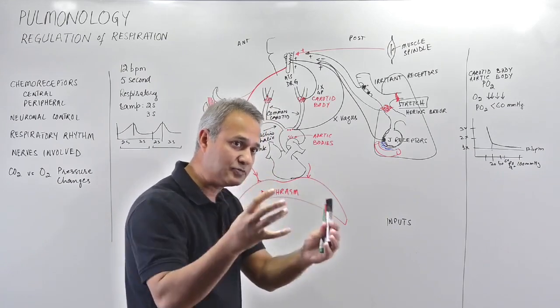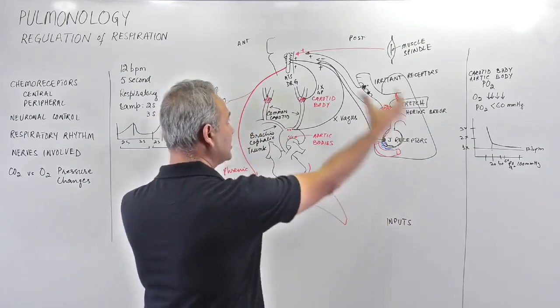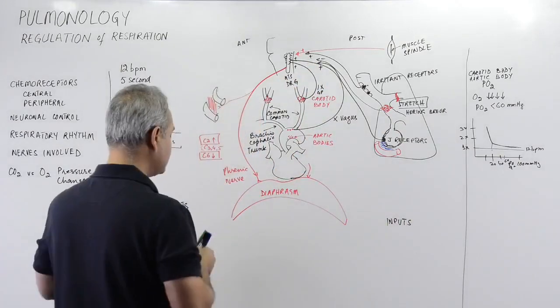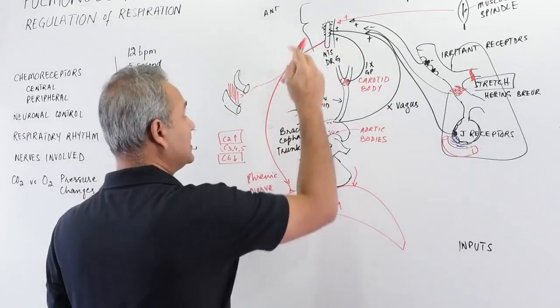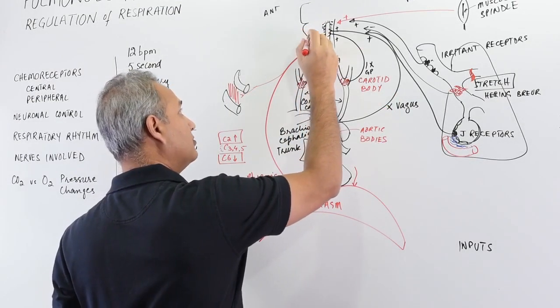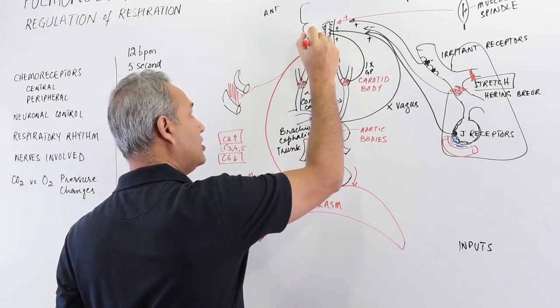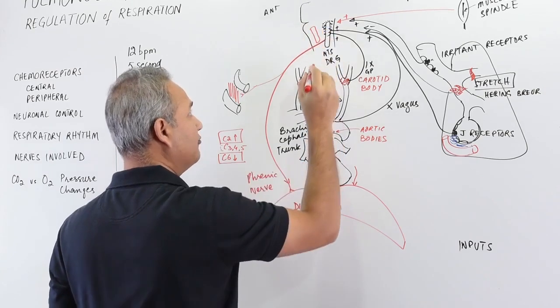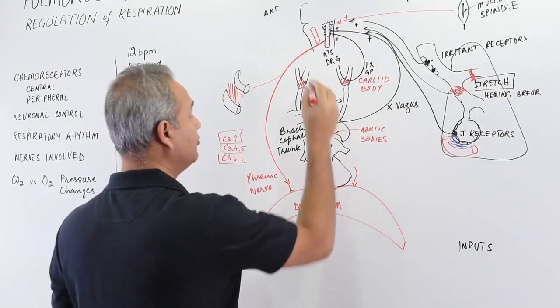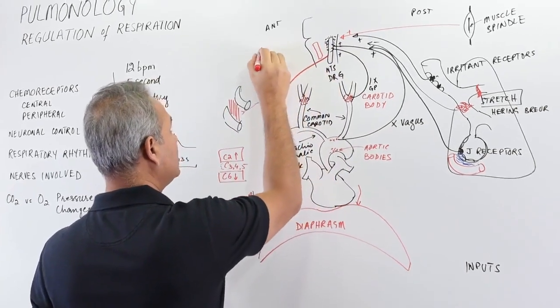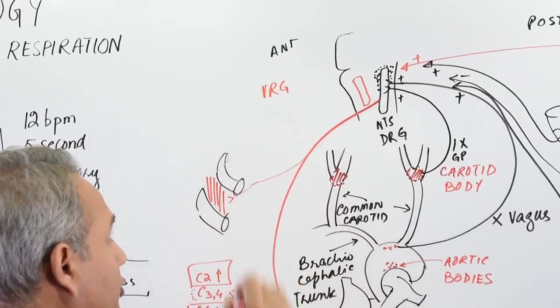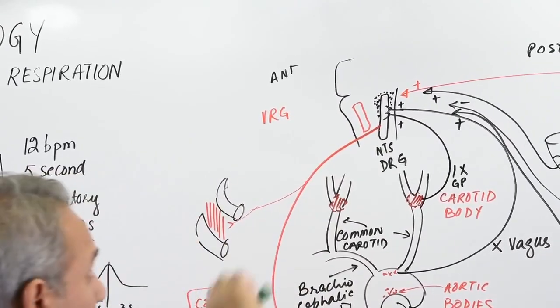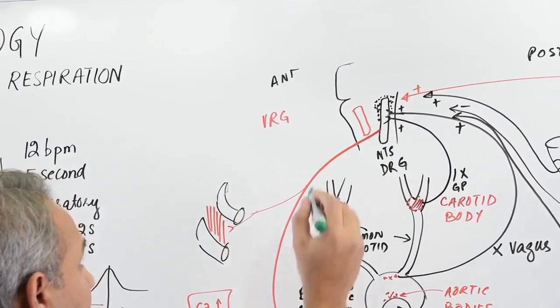I hope quiet breathing is clear and the factors affecting it is clear. Let's look at the nucleus present here in the ventral part of the medulla. This is called, of course, the ventral respiratory group or VRG, ventral respiratory group of neurons. This particular one I'm going to draw in green.